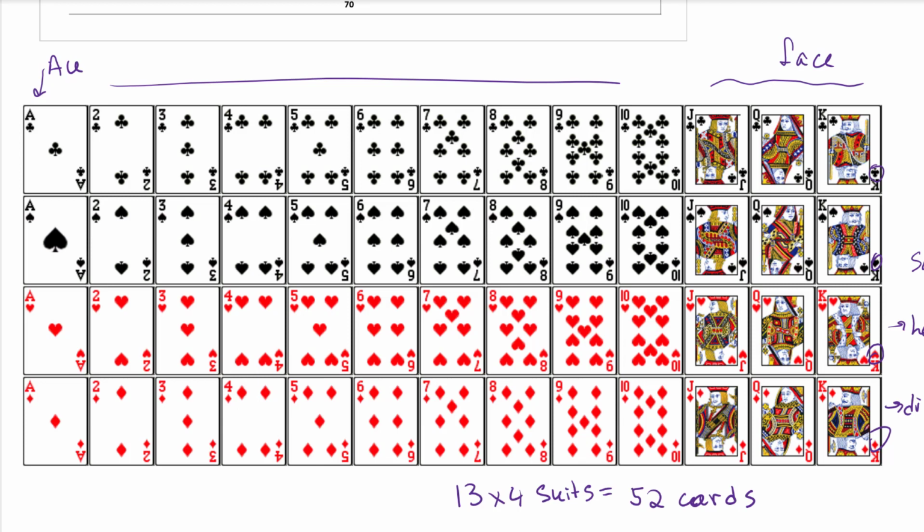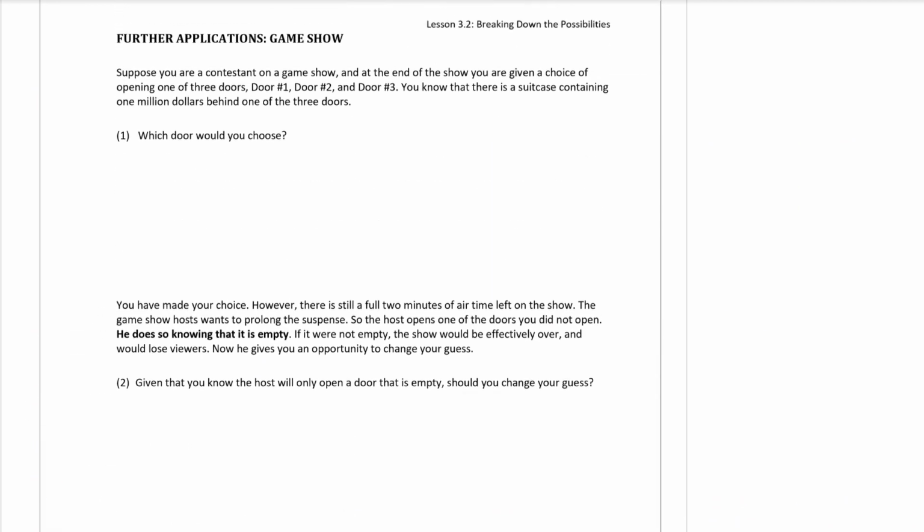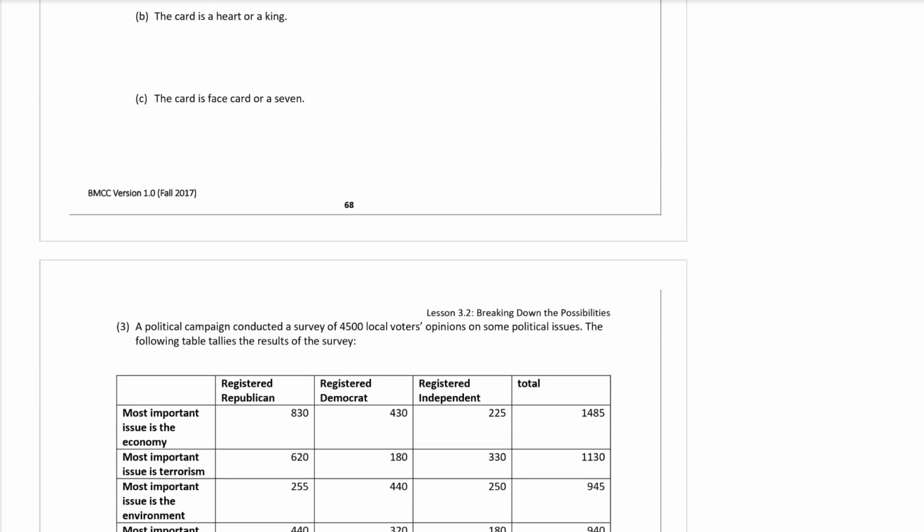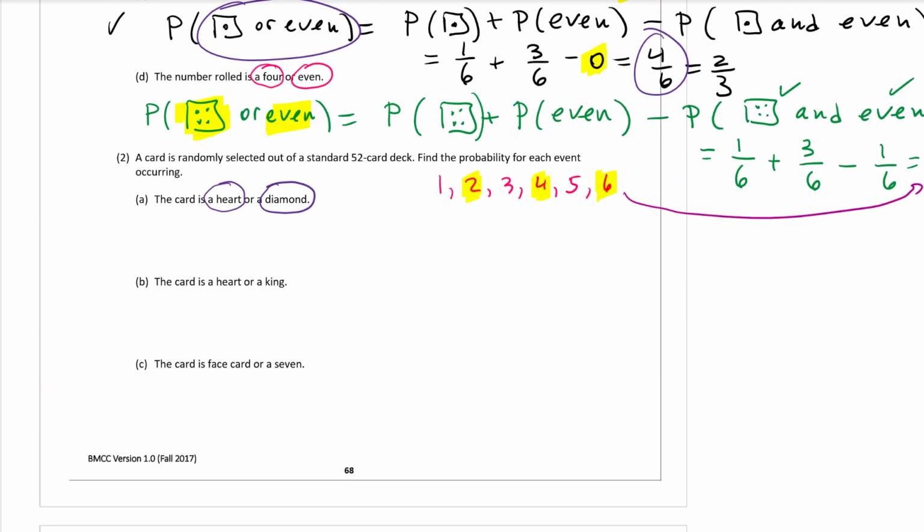They do not overlap. A card cannot be a heart and a diamond at the same time. So we can write 1/2 right away, or you can just say, okay, you have 13 of those and 13 of those out of 52, which gives us 26 out of 52, and that gives us 1/2. So you're adding those together.